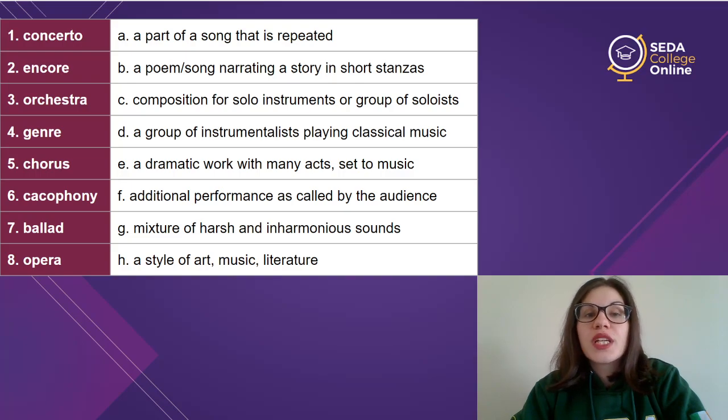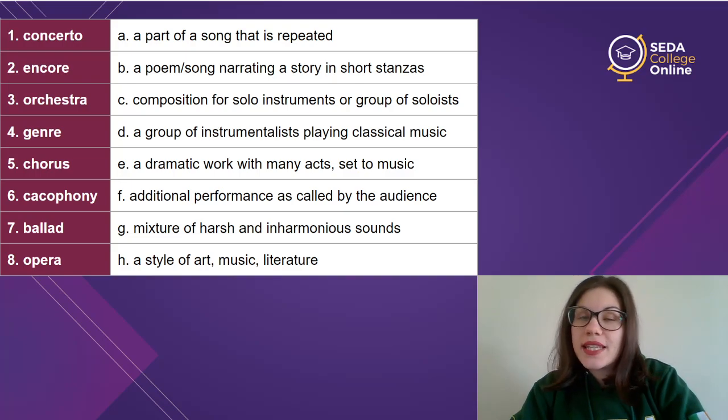A group of instrumentalists playing classical music. A dramatic work with many acts set to music. Additional performance as called by the audience. Mixture of harsh and inharmonious sounds, and a style of art, music, literature, etc.